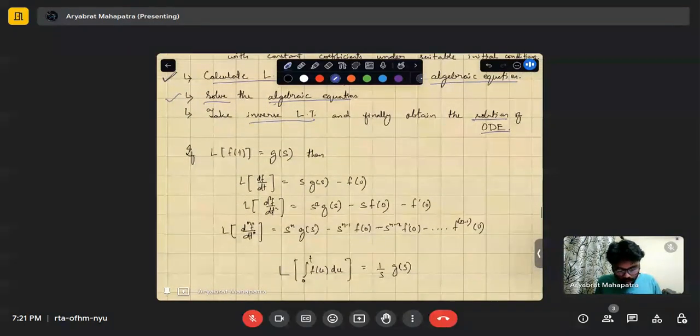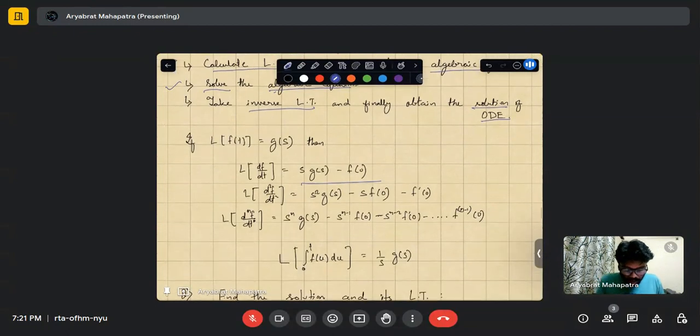Before that, there are some properties or results that you need. When you take the Laplace transform of df by dt, that is sF(s) minus f(0). When you take the Laplace transform of d square f by dt square, that is s square F(s) minus s f(0) minus f prime(0). So that is how it is written here.